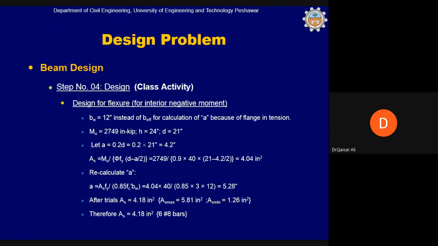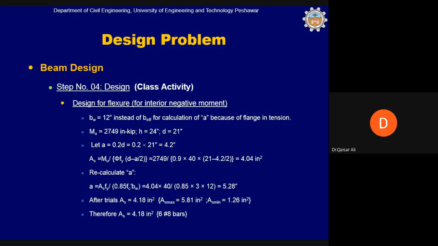The effective width of the beam is basically the width of the slab which is taking part in resisting the compressive force when the beam bends down. And when the beam bends up, in the case of negative bending moment, the whole flange part, which is the slab part, will be subjected to tensile stresses.